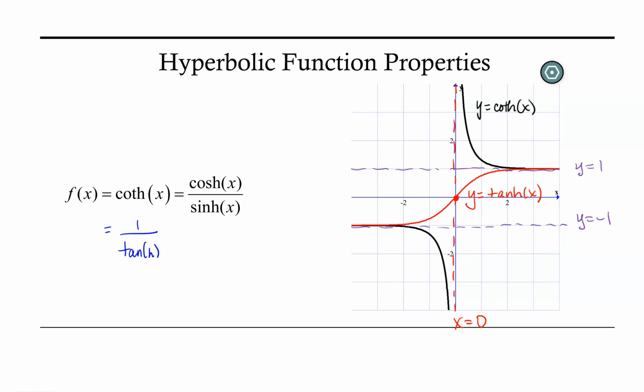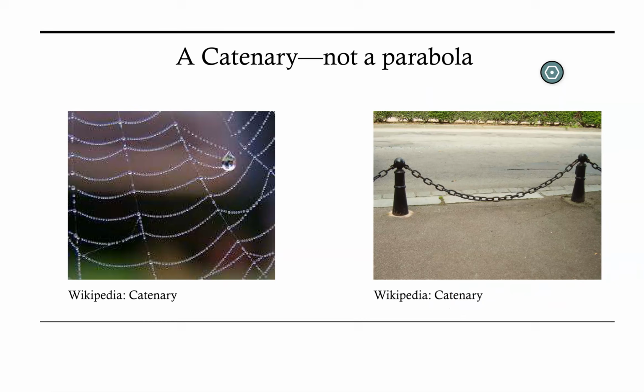So we end up with a domain for coth of -infinity to 0, union 0 to infinity, and a range of -infinity up to -1. Notice that there are no y values for the coth function between -1 and 1, so union from 1 to infinity.